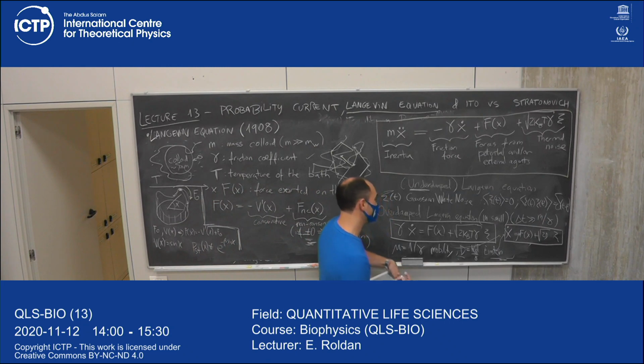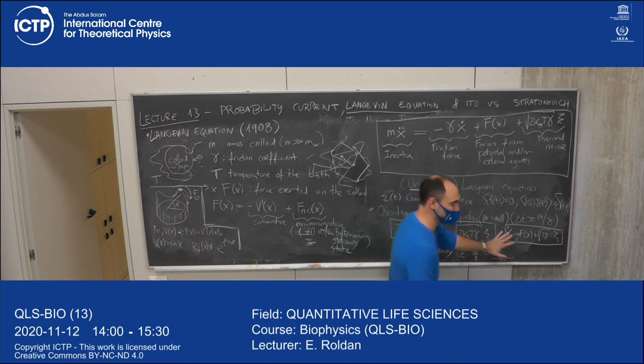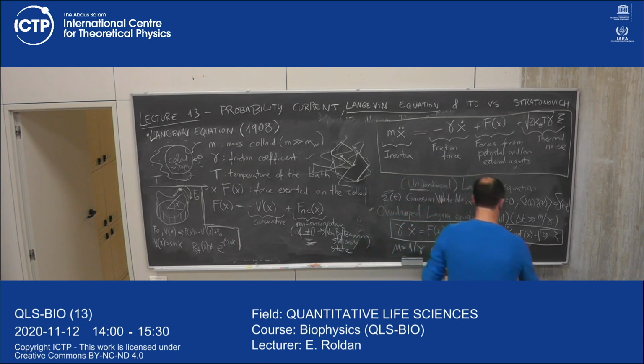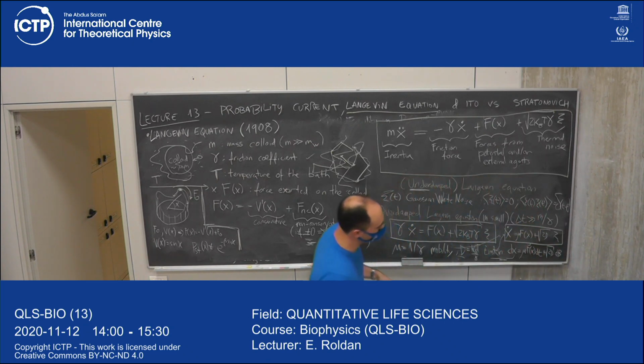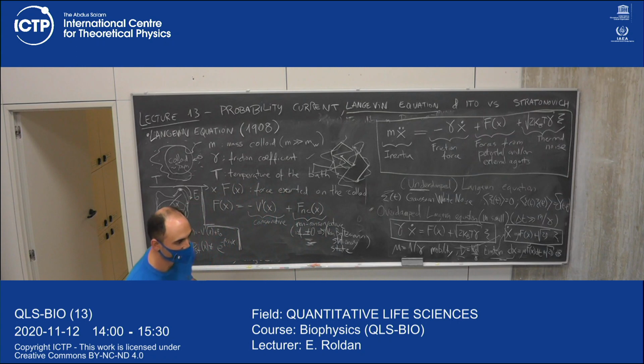But now be careful, because this was a force balance equation, and this is an equation for the velocity. It's a dynamical, stochastic equation. But you can write this again as dx equals mu f of x dt plus square root of 2D dB. So now we enter the world I explained in the previous lectures.